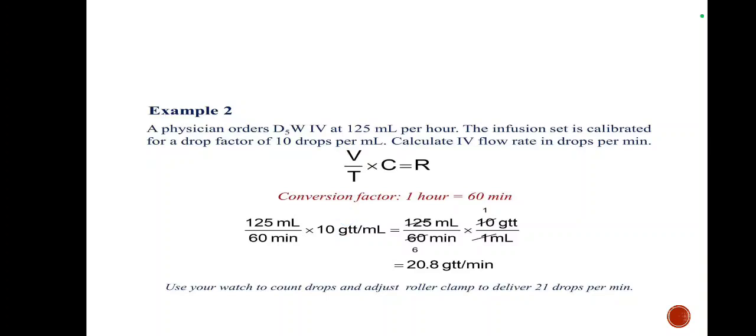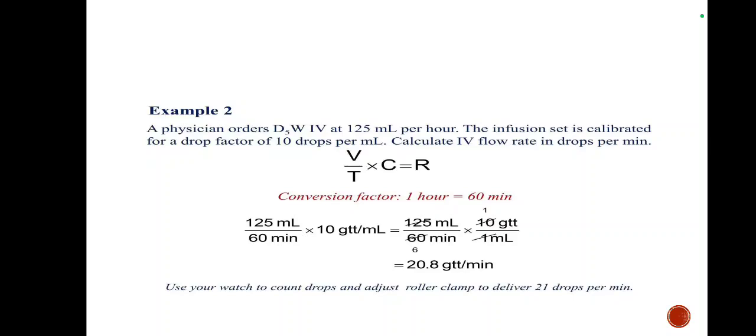Another example, we have D5 water IV at 125 ml per hour. The infusion set is calibrated for a drop factor of 10 drops per ml. Calculate the IV flow rate in drops per minute. We have the conversion factor: 1 hour is equal to 60 minutes. So 125 ml per hour, divided by 60 minutes, times the drop factor of 10 drops per ml.